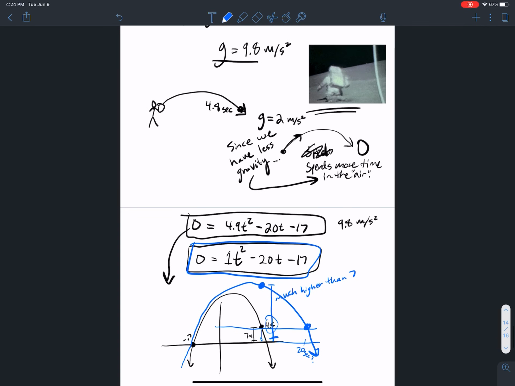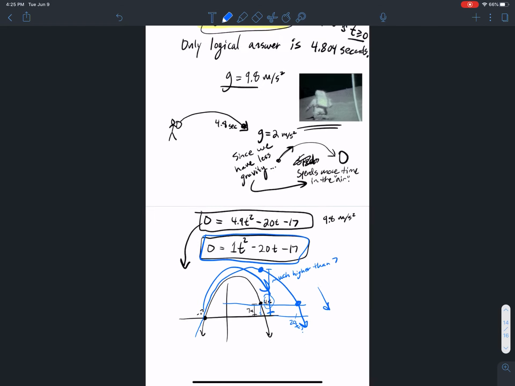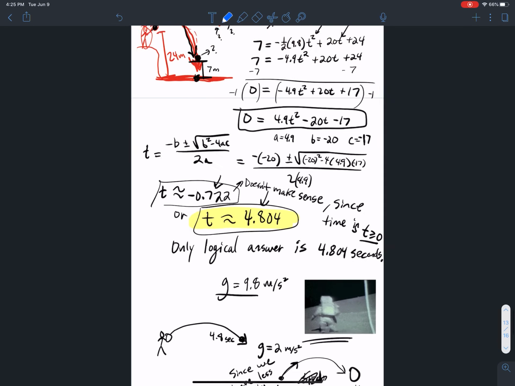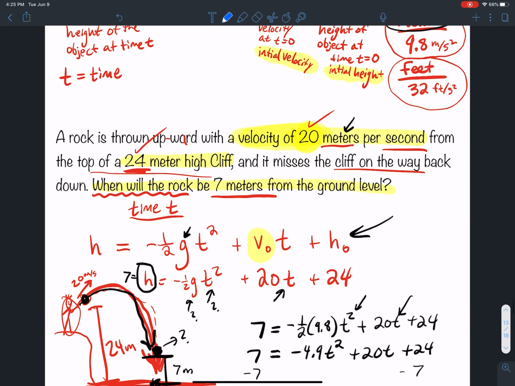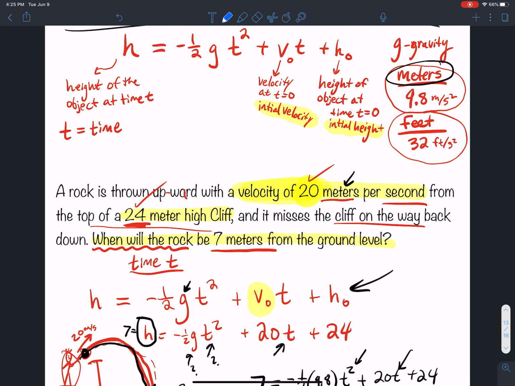So that's the idea there. The lower that gravity, the longer it takes for that ball to come back down once you throw it up into the air. The stronger the gravity, the quicker the ball falls down. Okay, so hopefully this helped you out in your little application of throwing balls or rocks.